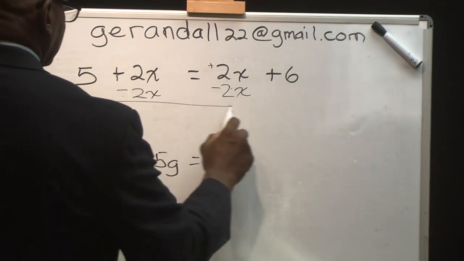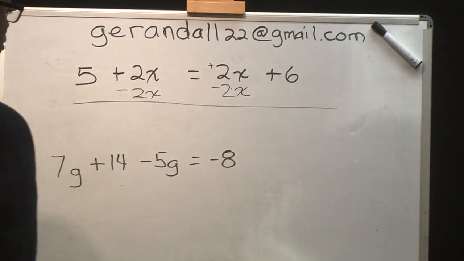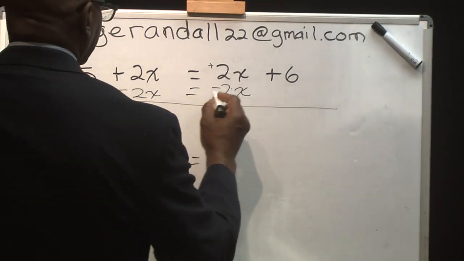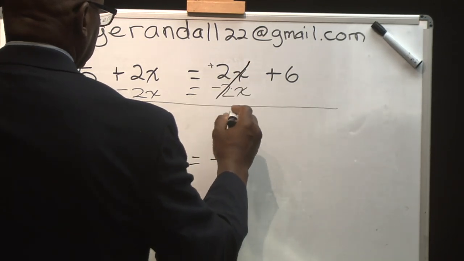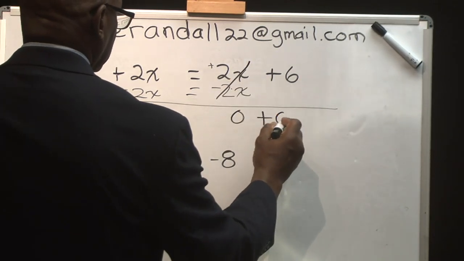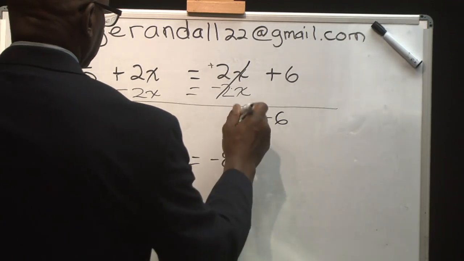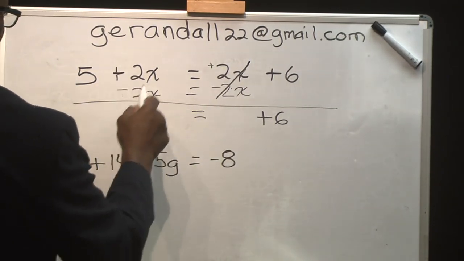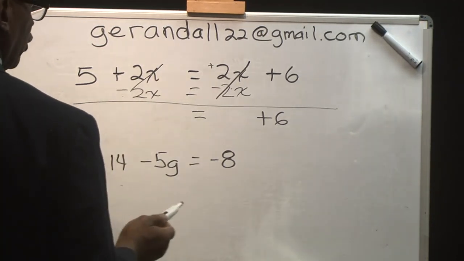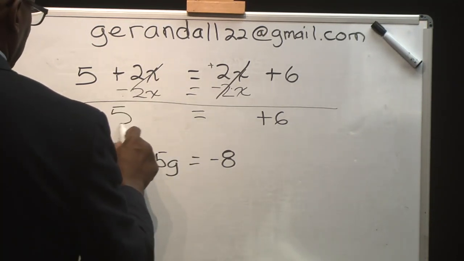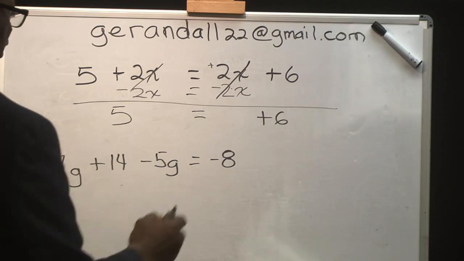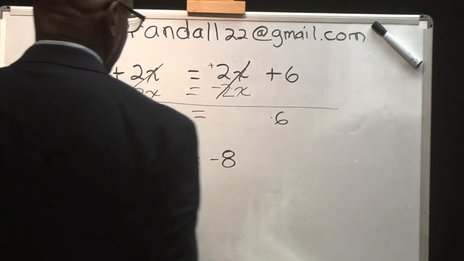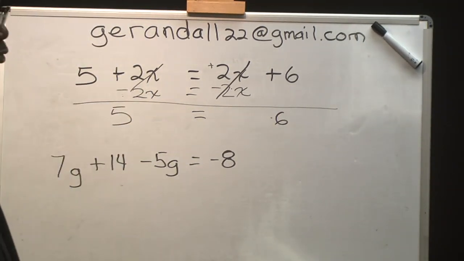And we draw a line. And what happens? That's gone. We're left with 6. And on this side, we got a positive and a negative. We have no x's. So when we get something like this, there is no solution.